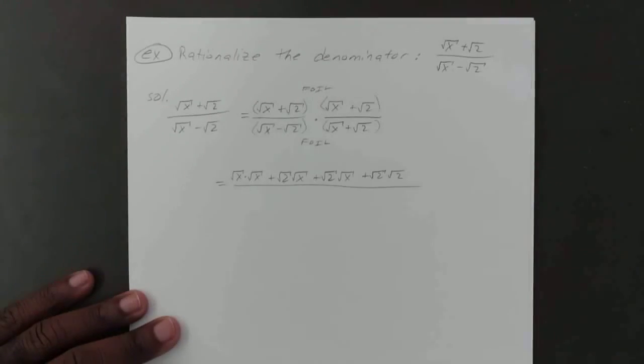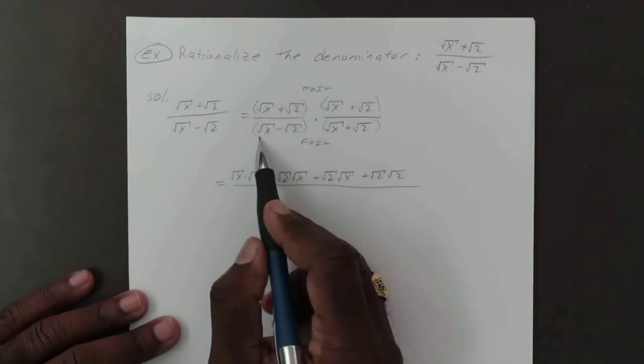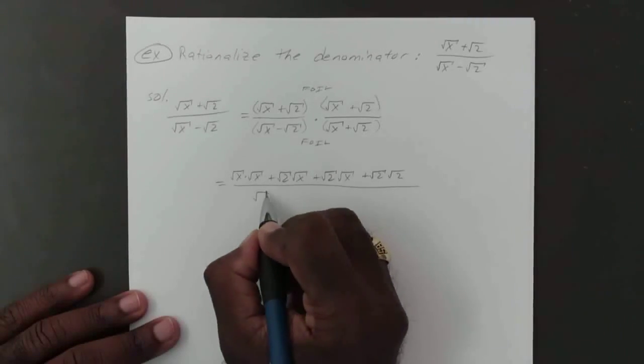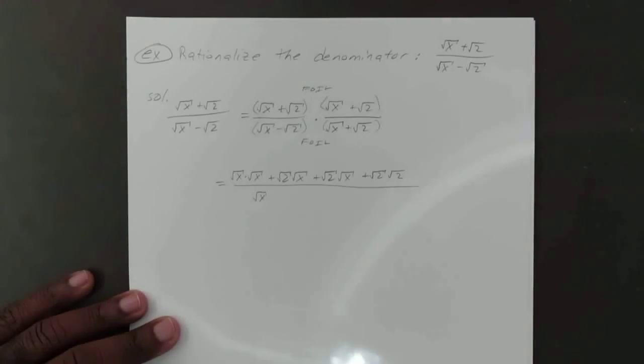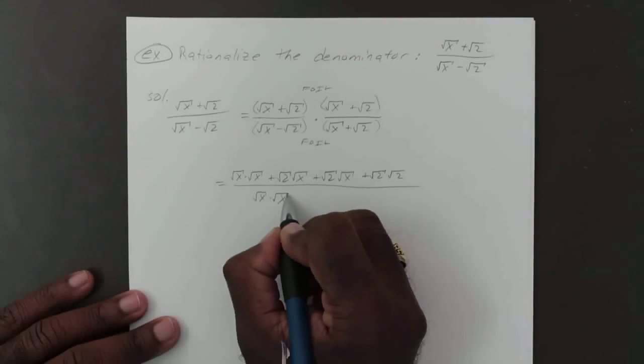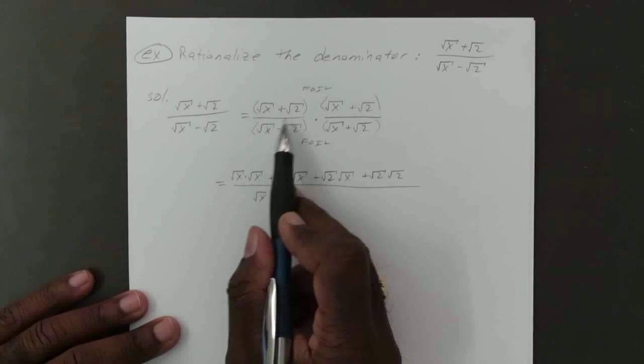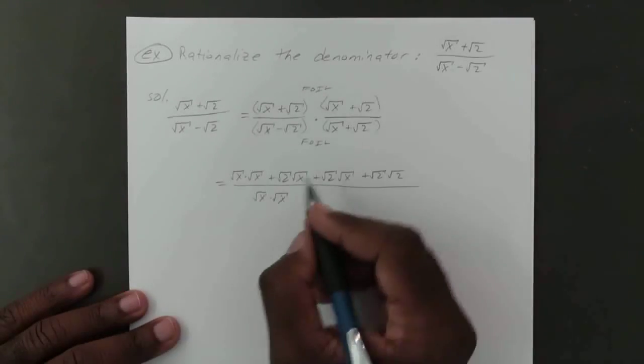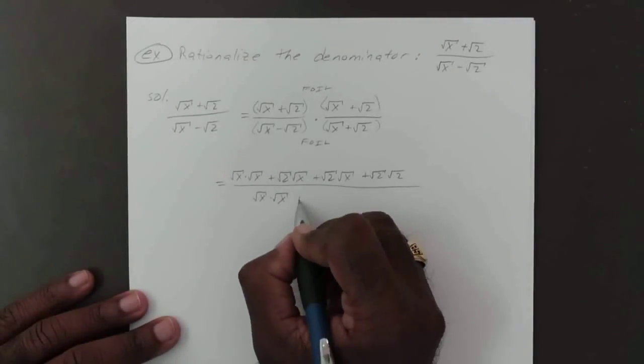All over, do the FOIL method again, square root of x times square root of x. You have your outer, square root of x times positive square root of 2.